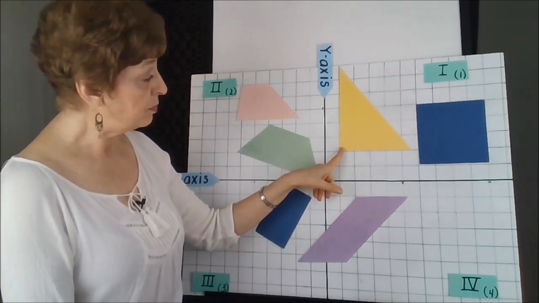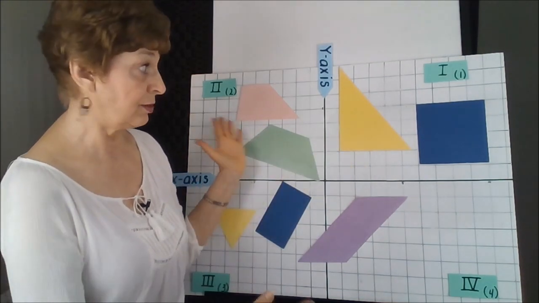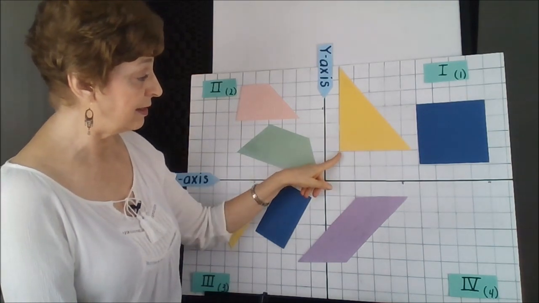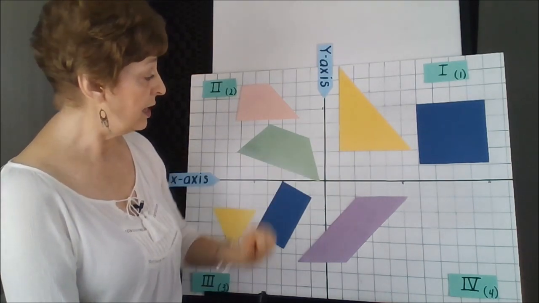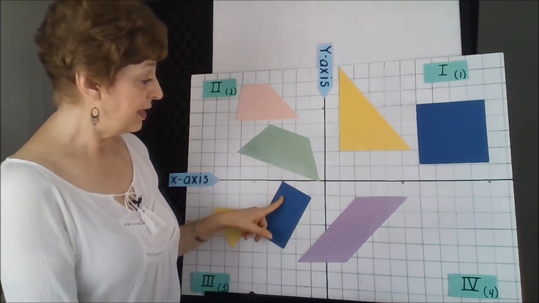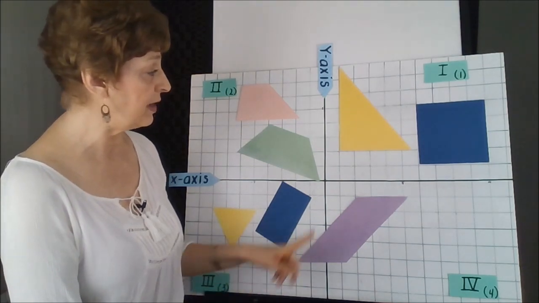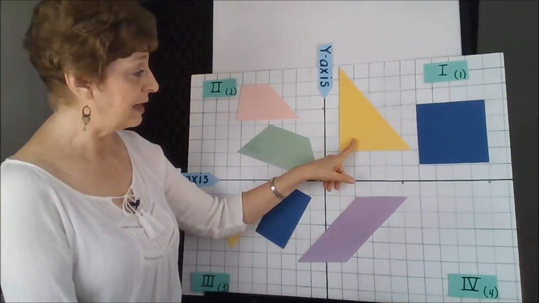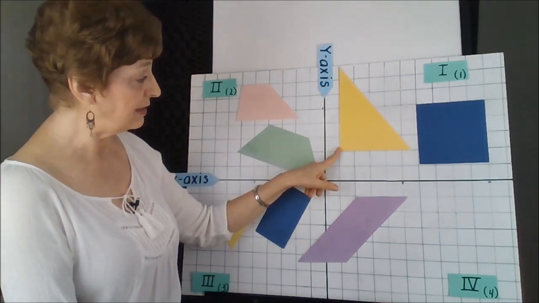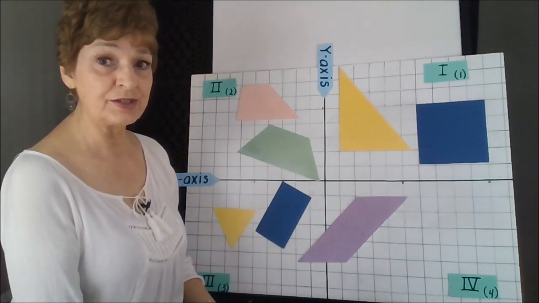If you were to prove that this was actually a right triangle, it certainly looks like it, and I've put it on the graph so you can see that it lines up with some of the squares. But if I tip them, like I did in this case, then we would have to consider other ways of showing and proving that a right triangle would have slopes of these two lines, the base and the height, that would be perpendicular to each other.